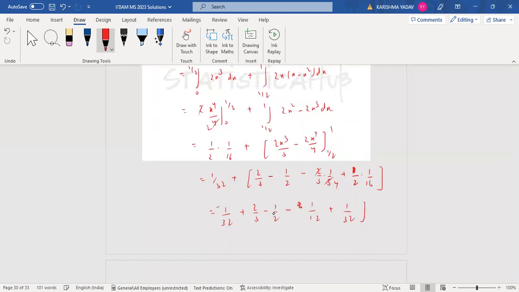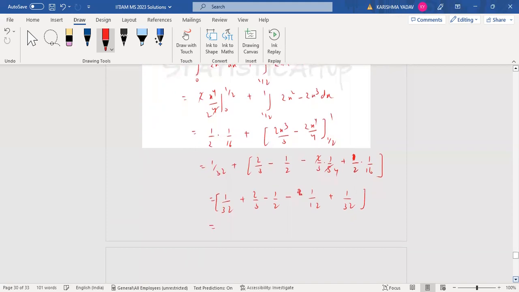So we just have to solve this calculation. This is a very simple calculation, just solve it. That is 1 by 32 plus 1 by 32, that will be 2 by 32, so this will form 1 by 16. I'll write it simply as 1 by 16 plus 2 by 3 minus 1 by 2 minus 1 by 12. So this is 1 by 16 minus 1 by 12.